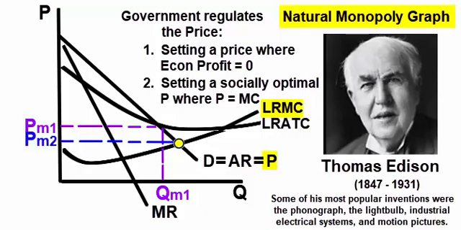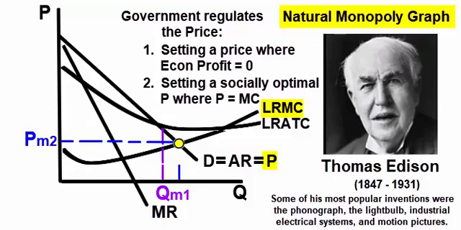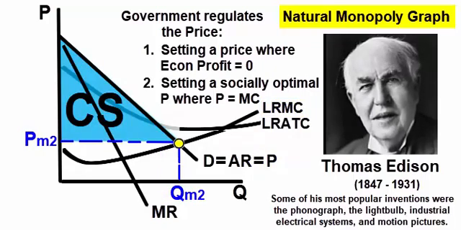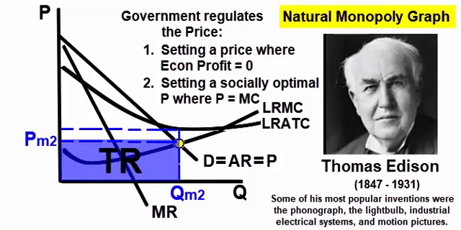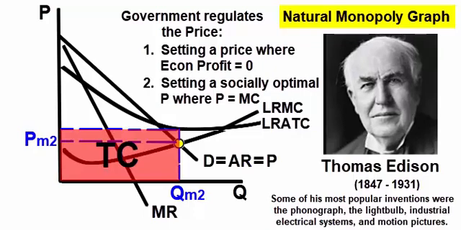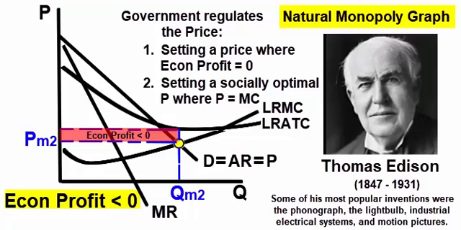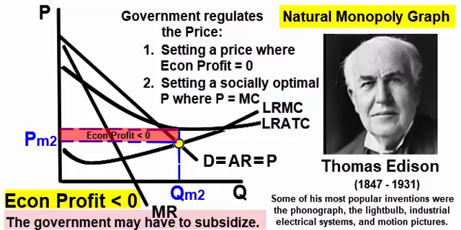Price decreases farther to P sub M2, quantity increases to Q sub M2, consumer surplus increases, and economic profit is now less than zero. The government may have to subsidize this monopoly.